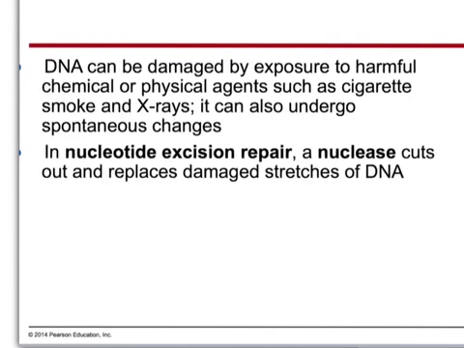Your cells are constantly being bombarded by environmental and physical toxins. But we don't show up every day with a new cancer, right? Your cells have ways of protecting themselves.